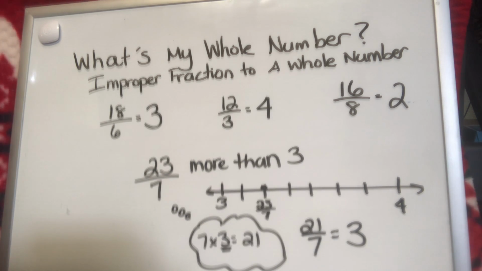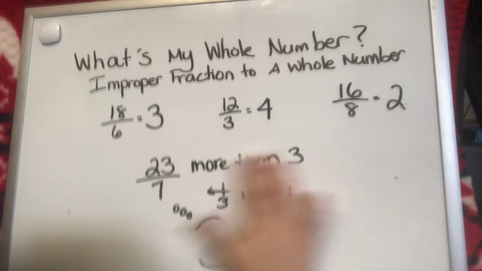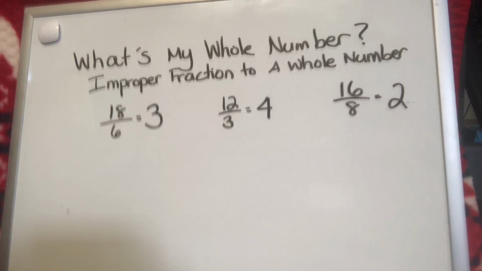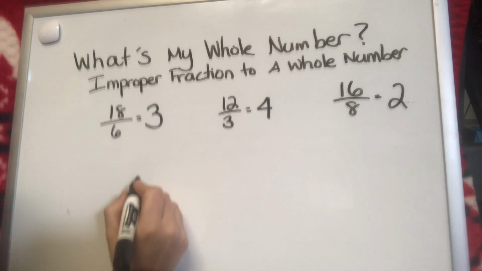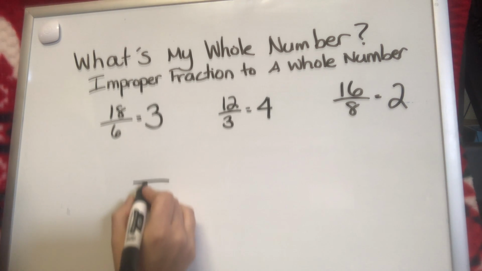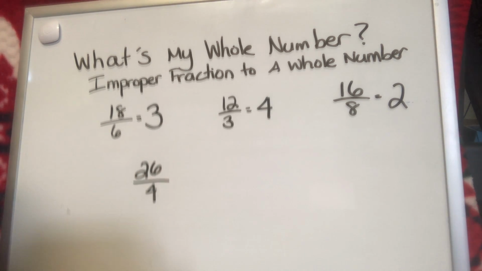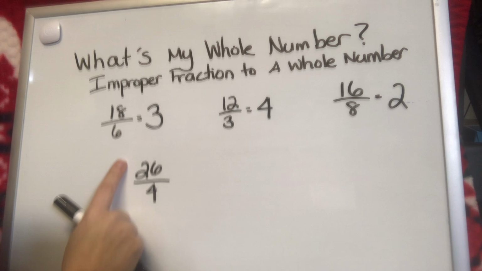So let's try another one. Let's do 26 fourths. And they wanted you to put that on a number line, right? So, you could start at 0, but that would be a long number line. So I want to say, okay, what would be the whole number? So I know that nothing times 4 equals 26.